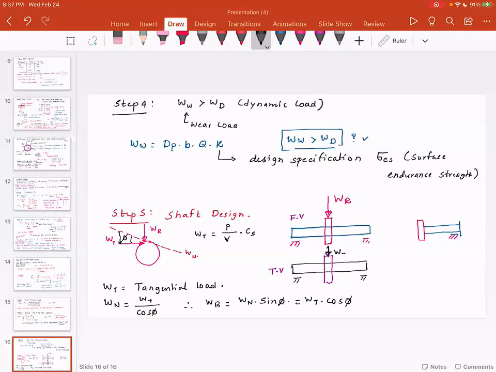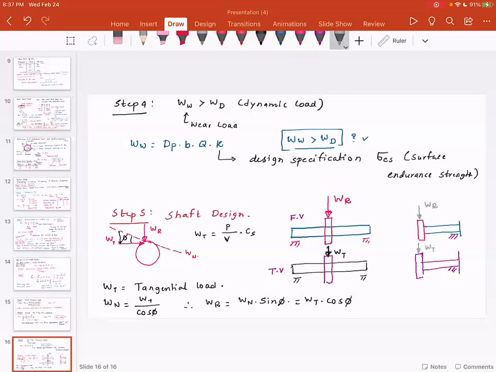Now I'm going to show you the same thing for the cantilevered beam. In the front view, I'm going to see the radial load, and in the top view, I'm going to see the tangential load.